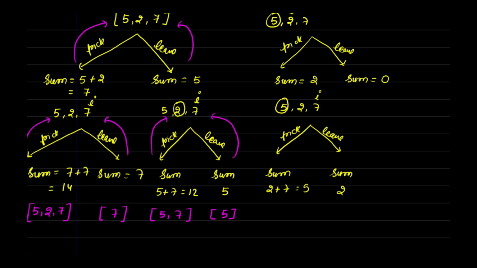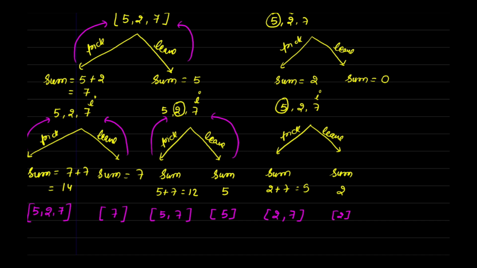Here we did till all the indexes, so at the last 9 having subsets 2 and 7. Here 2 is having 2 in the subset.